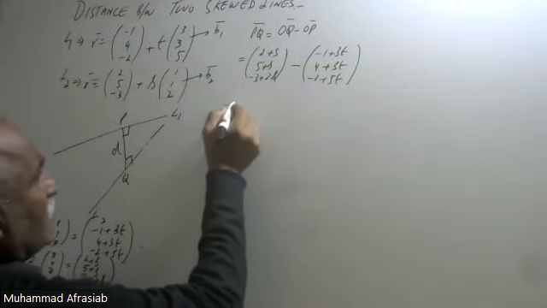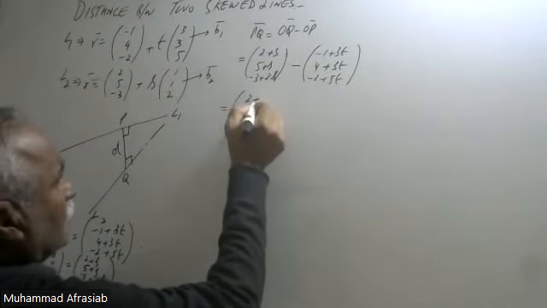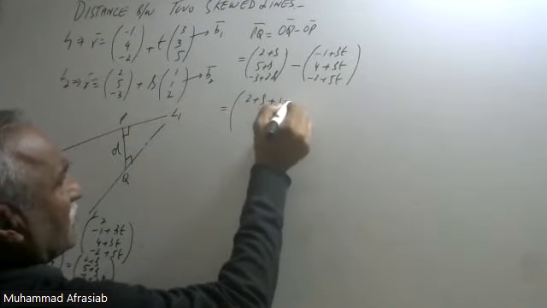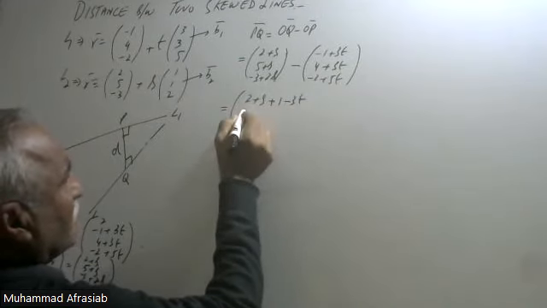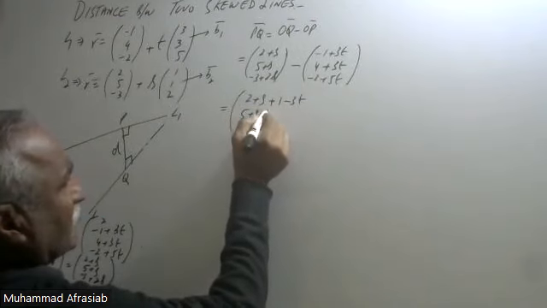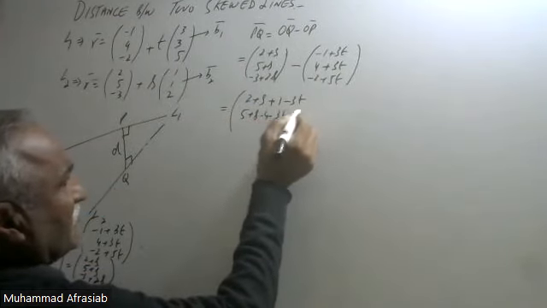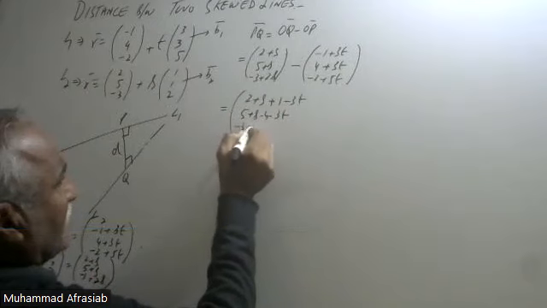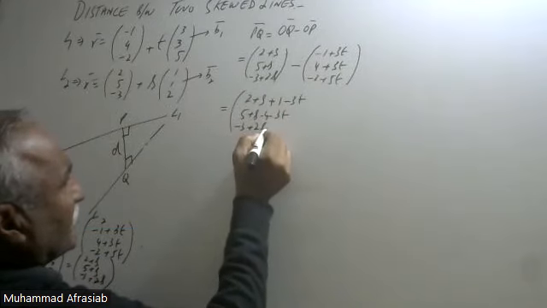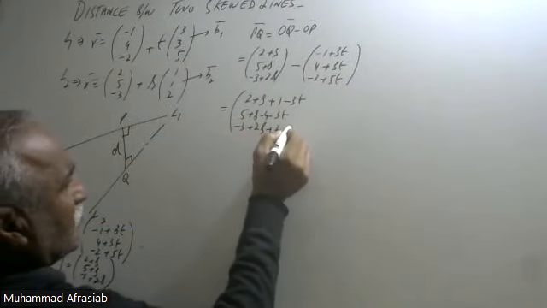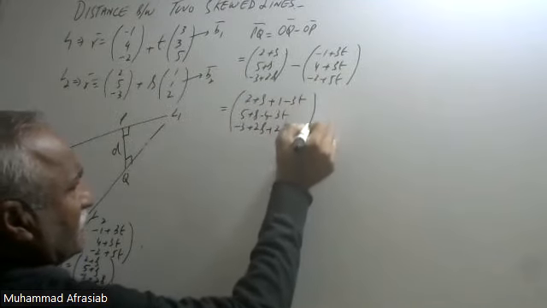So this is equal to (2 plus s plus 1 minus 3t, 5 plus s minus 4 minus 3t, -3 plus 2s plus 2 minus 5t).